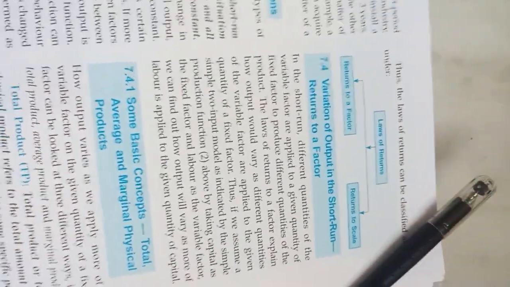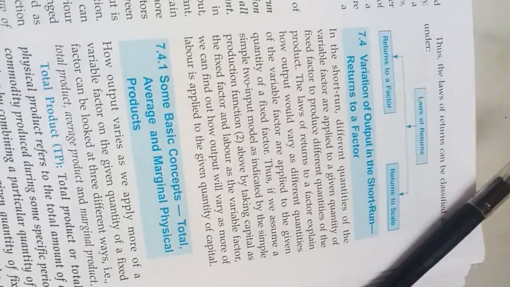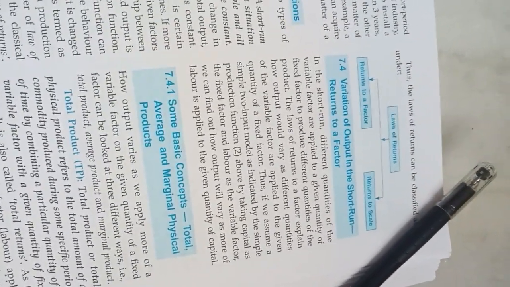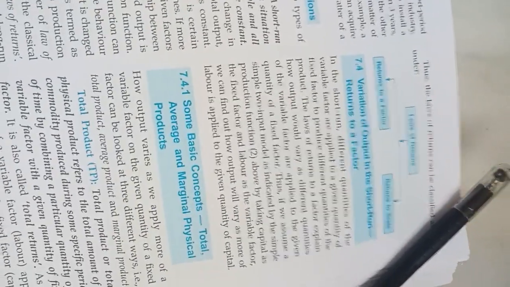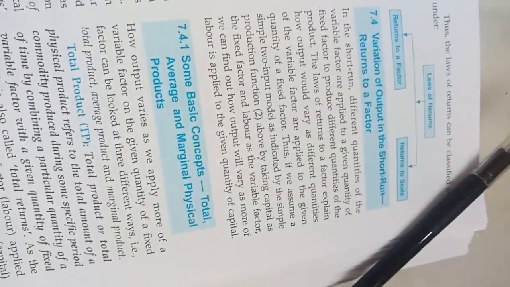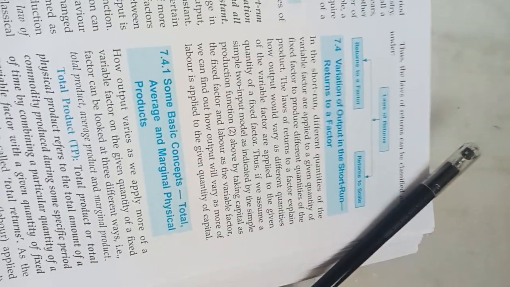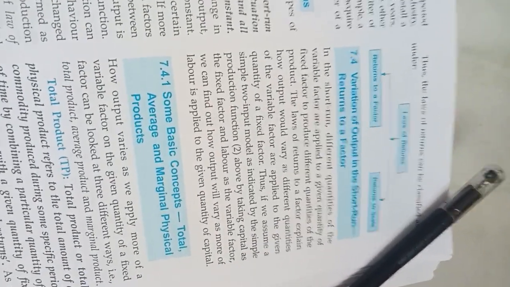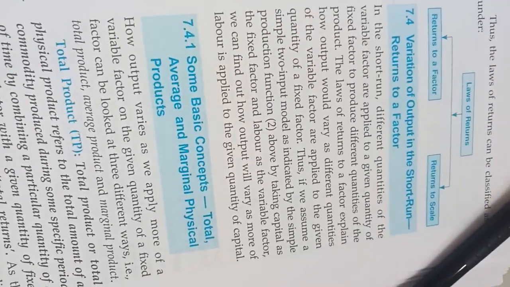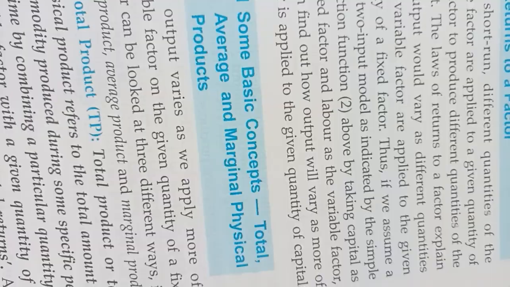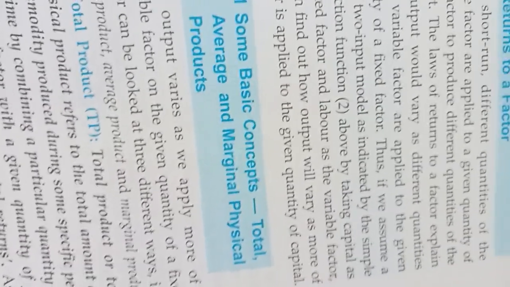Now, before going into the depth of this law, let me discuss briefly certain concepts. Actually, three concepts are very, very essential in the explanation of the law of returns to a variable factor. Some basic concepts: total product, average product, and marginal product.